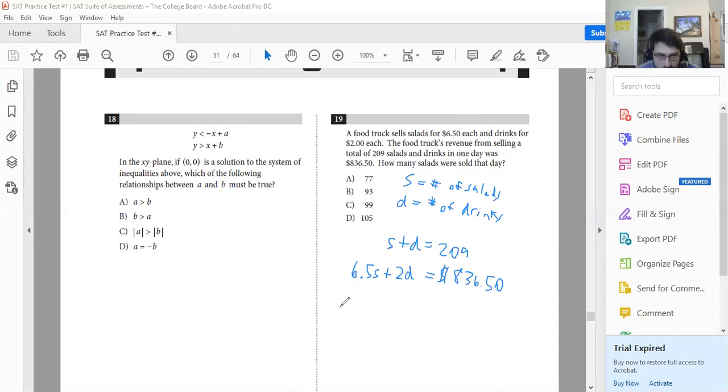I can use S equals 209 minus D. If we use substitution, the first equation, so solve for S. So we have 6.5 times 209 minus D plus 2D equals 836.50.